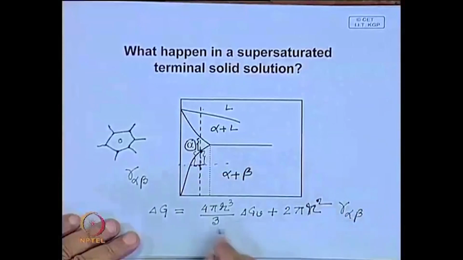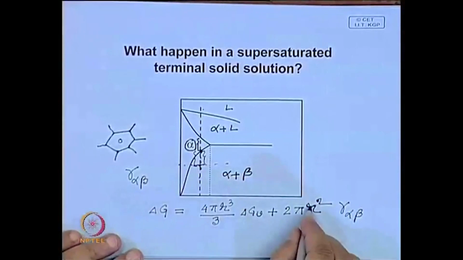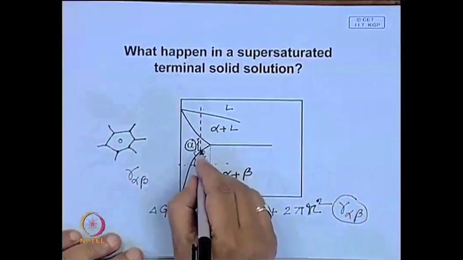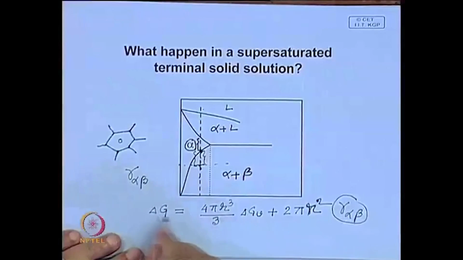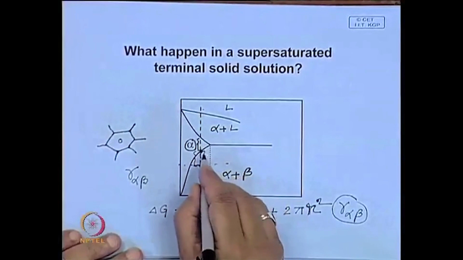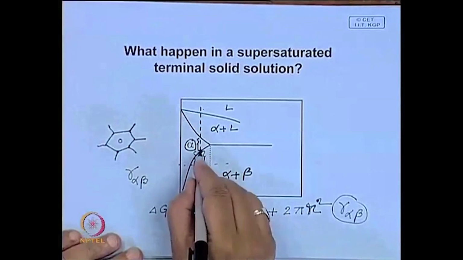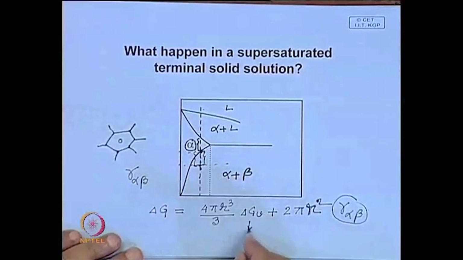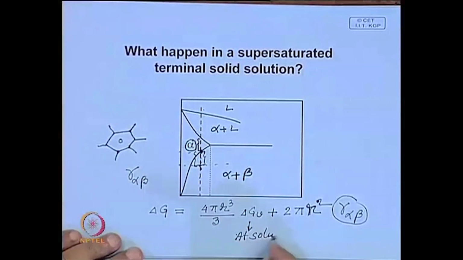So, usually this energy is positive. So, right over here you find that net free energy is positive. It is because right over here at the solvus temperature, delta G V is equal to 0.